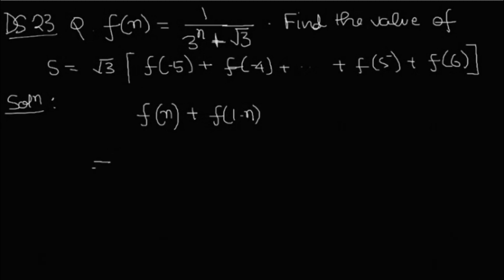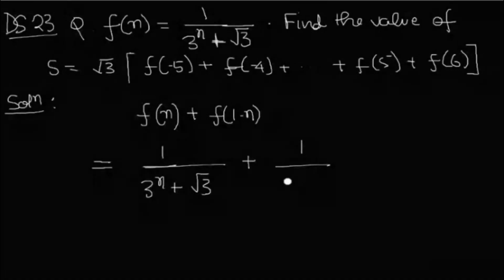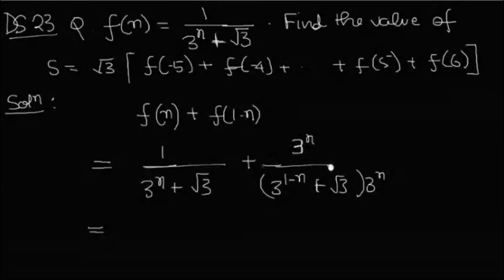So if I do this, you will see that this is 1 by 3 to the power n plus root 3, and this will be 1 by 3 to the power 1 minus n plus root 3. So what I can write is, I can multiply 3 to the power n on both the numerator and the denominator.